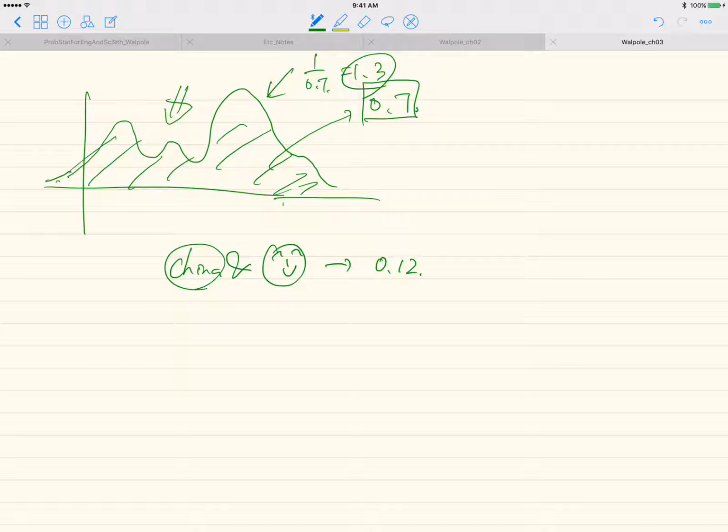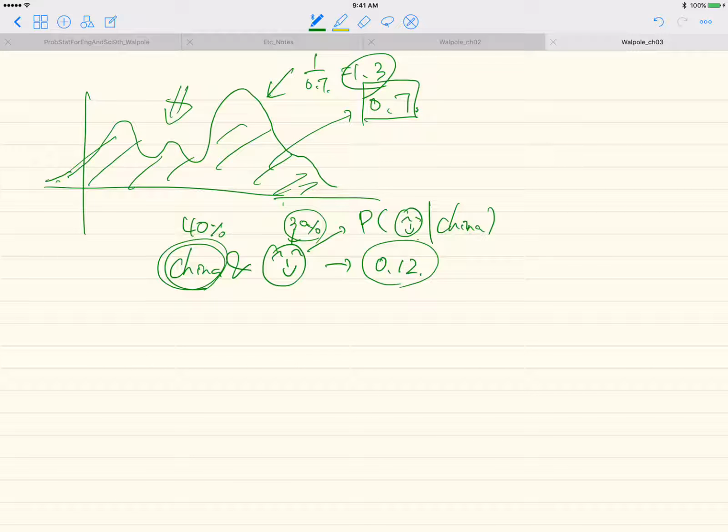So for example, China produced 40%, and then working great, the probability of that is 30%. And this is actually the conditional probability of this guy, right? And this probability is 0.3. And then altogether, it was manufactured in China, and then it works great, and the probability of it is 0.12.